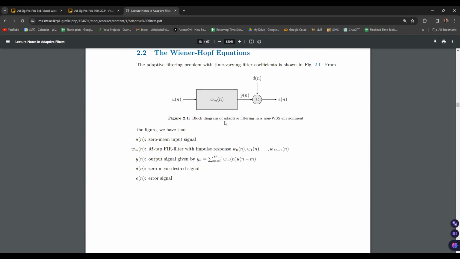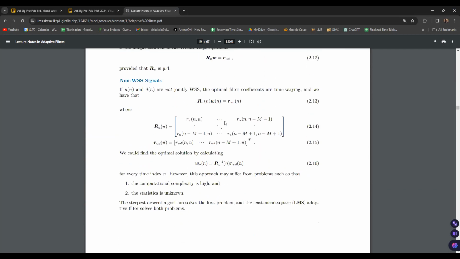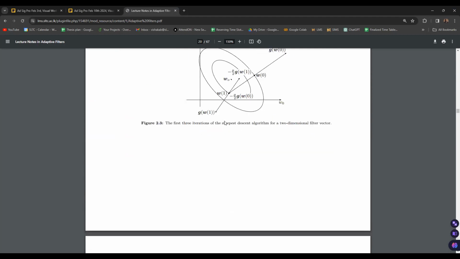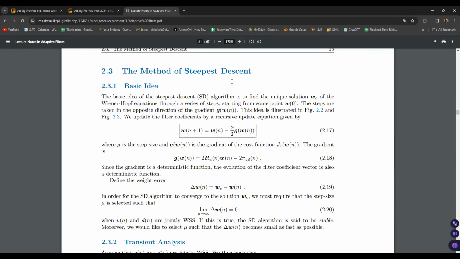Related to the algorithms, the definitions are given using these equations. This equation means that the values of the filter coefficients are getting updated in this manner. The filter coefficients are given by the W values or omega values.